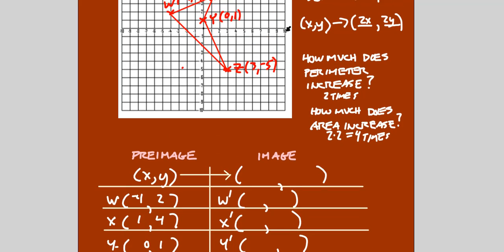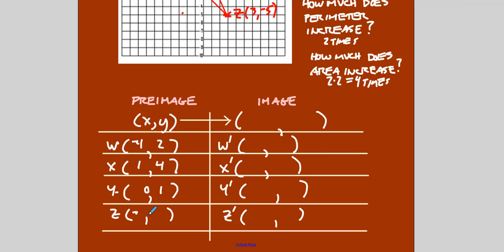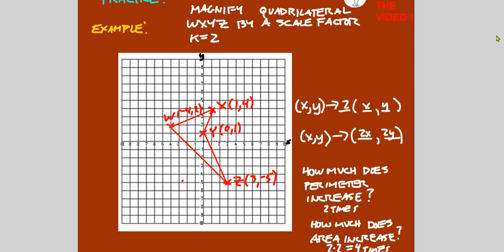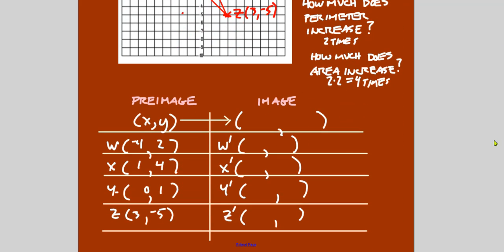And Z is 3, negative 5. Now I want you to stop the video and fill in the information necessary for the image. Again, our scale factor is 2. When you've finished, turn it back on and see if you agree with what I got.